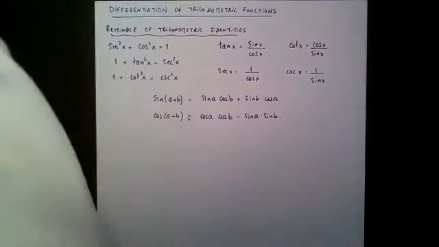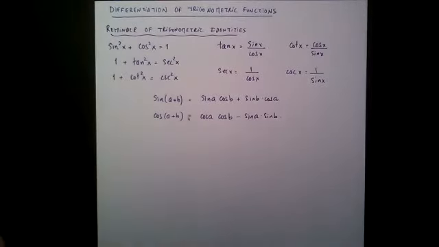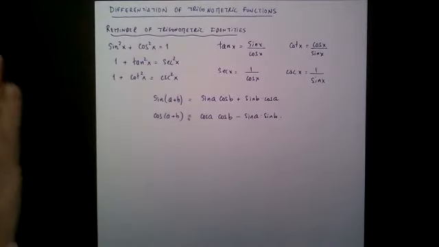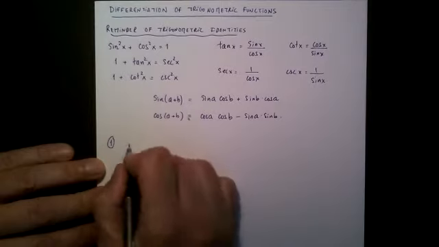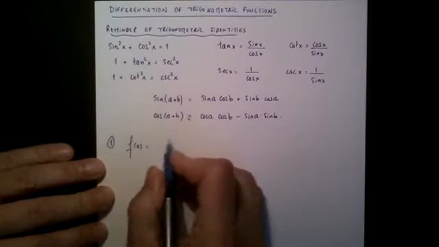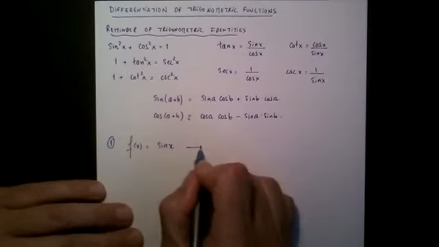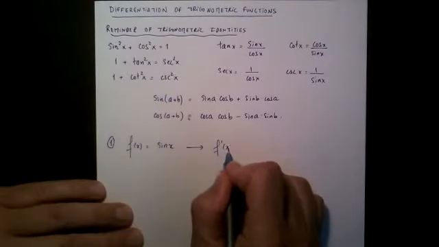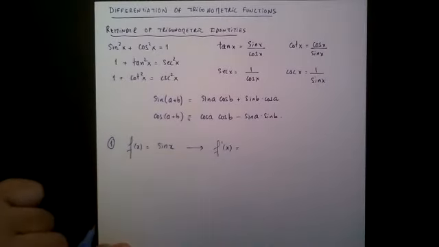So let's go. The first thing that I'm going to show you is that if f of x is equal to the sine of x, then how do we do the derivative of that? Anybody know it? What's the derivative of sine x?